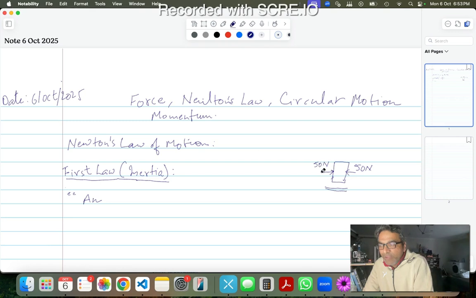The keyword is that the net external force should be greater in one direction. So if it is 60 here and 50 on the other side, the net force will be 60 minus 50, which is 10. So 10 Newton will actively push this object and it will move in this direction.